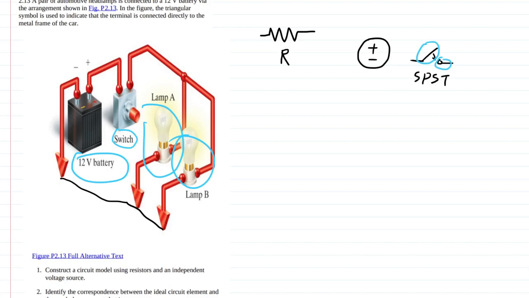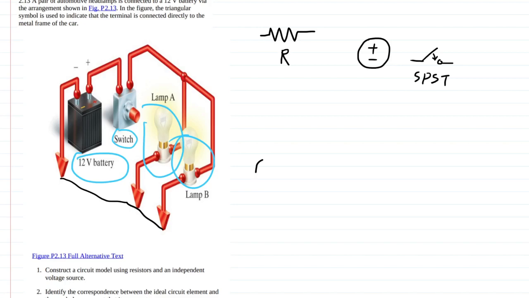And so it has two places it can go, but only one connection. Anyway, we're going to construct a circuit model using resistors and an independent voltage source. We're going to start translating this network, this picture, into a resistor and a switch and battery network.